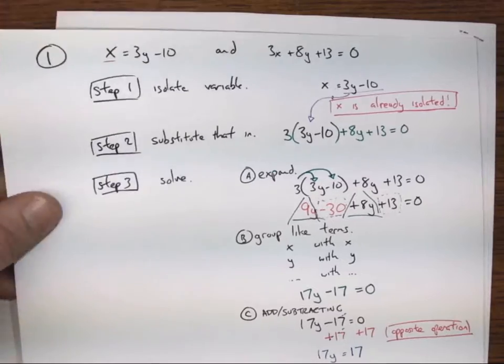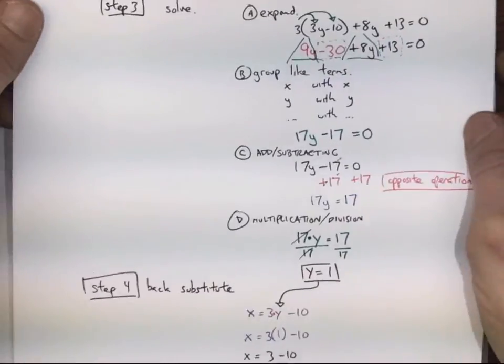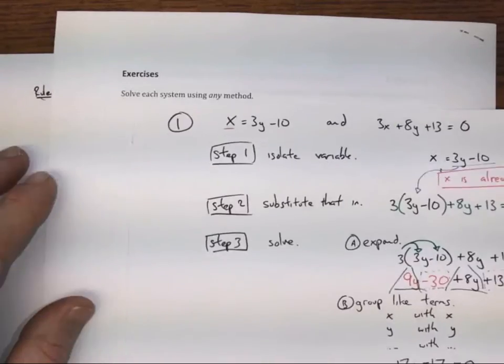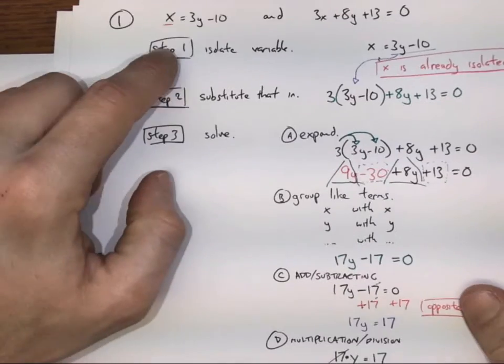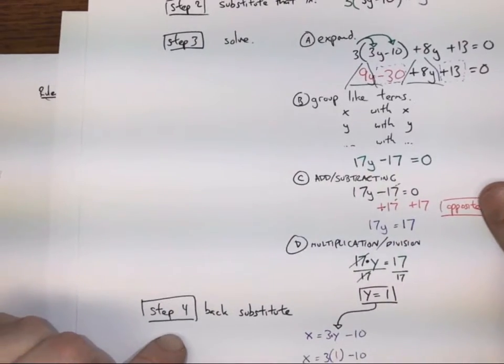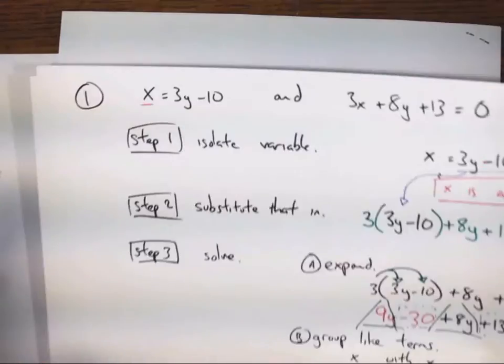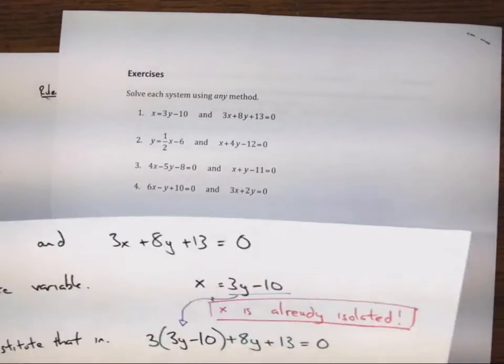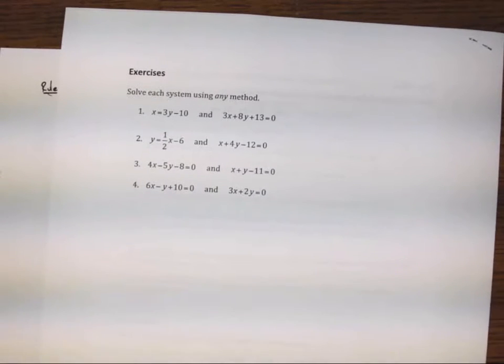All right, so we're going to try to repeat these steps for question 2. I am not going to label what the steps are in this case. For the next one, I'm actually just going to write step 1, step 2, step 3, step 4.